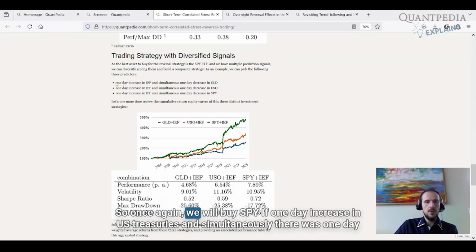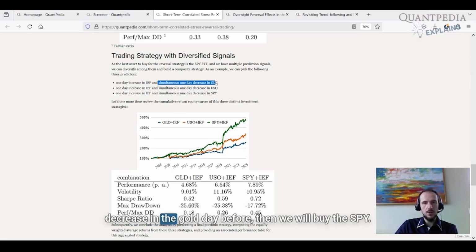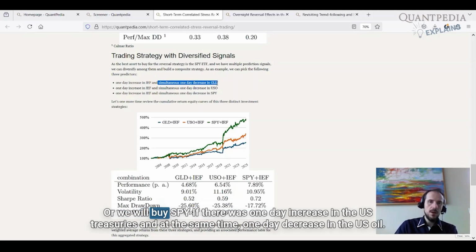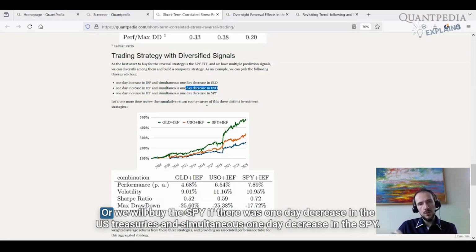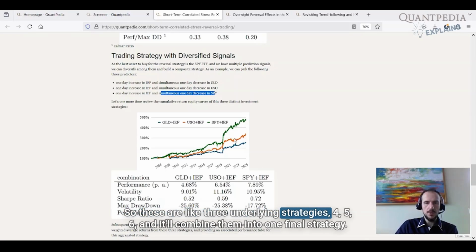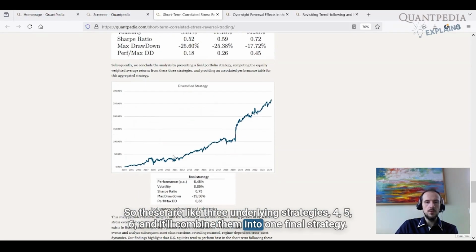We will buy SPY if there was a one day increase in US treasuries and simultaneously a one day decrease in gold the day before, or if there was a one day increase in US treasuries and at the same time a one day decrease in US oil, or if there was a one day increase in US treasuries and simultaneously a one day decrease in the SPY. These are 3 underlying strategies, 4, 5, 6, and we will combine them into one final strategy.